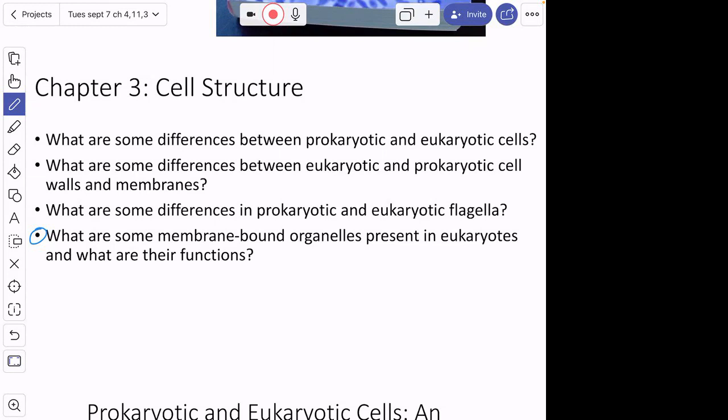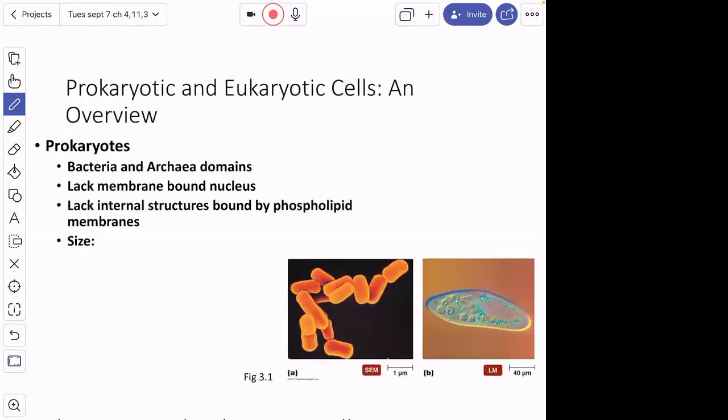Okay, so this should be review: the difference between a prokaryotic cell and eukaryotic cell. I didn't make you write this all again. Prokaryotes lack a membrane-bound nucleus, and they don't have any internal structures bound by a membrane.